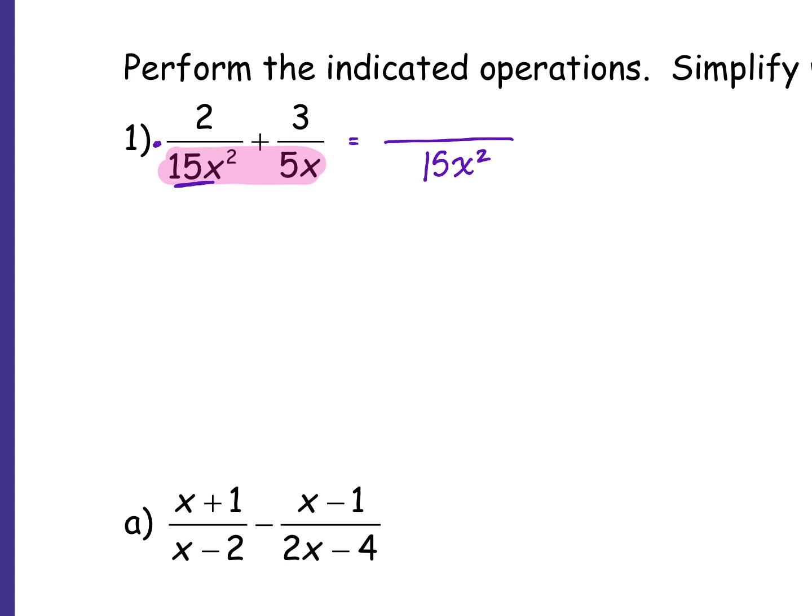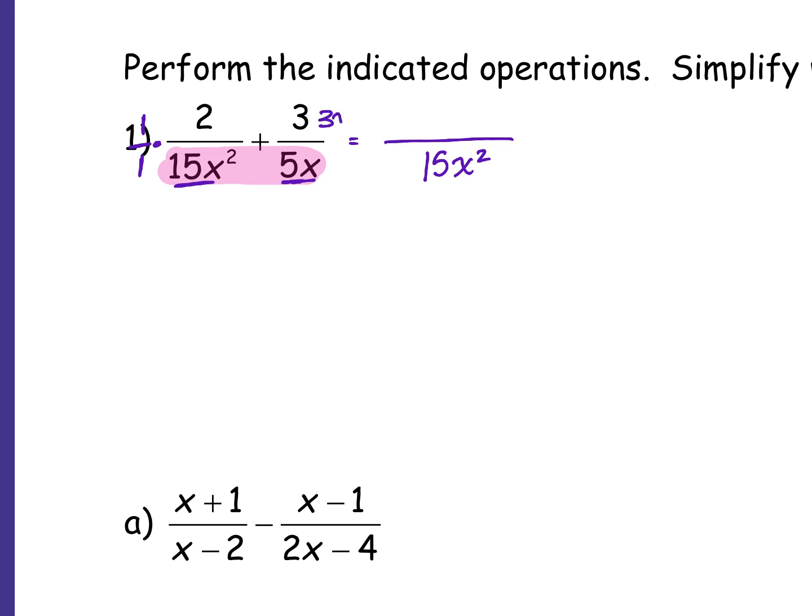So I'm going to multiply both the top and the bottom by 1. And then what do I multiply 5x by to get 15x squared? 3x.